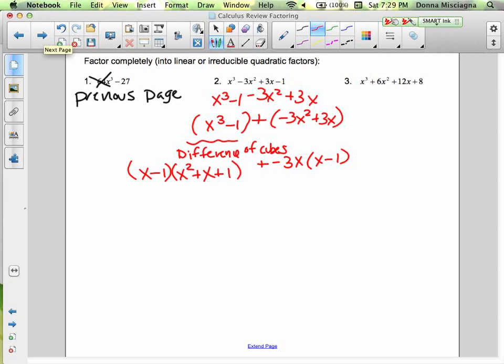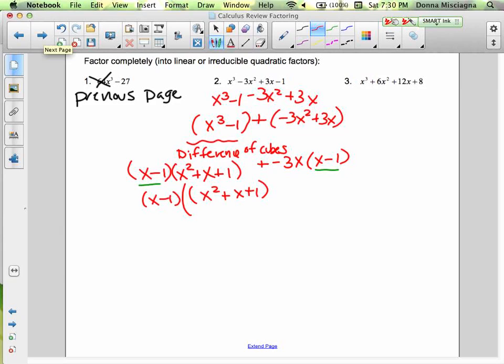Now we have a greatest common factor. We've got an x minus 1 here and an x minus 1 here. So we can do factor by grouping here. We can pull out the x minus 1. If we factor an x minus 1 out of the first term, we're going to be left with x squared plus x plus 1.